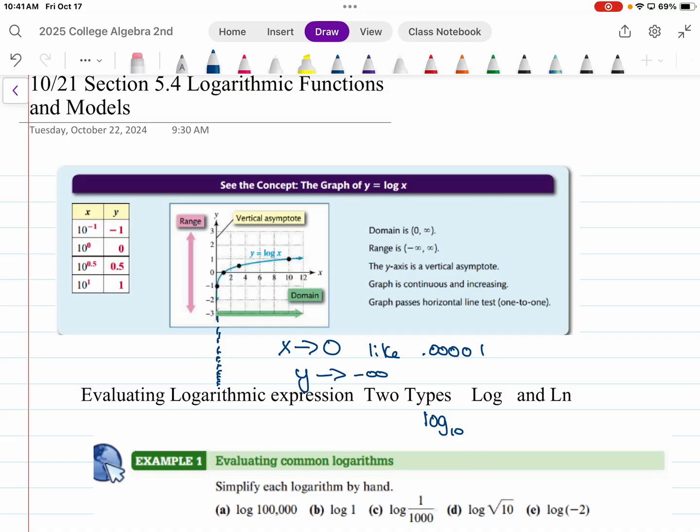Now, ln is technically log base e, is what ln stands for. That's the natural log, and so that's using a specific base. e is roughly 2.718, and so on, as a decimal. So that's calculating things based on that base instead of doing base 10 mathematics.